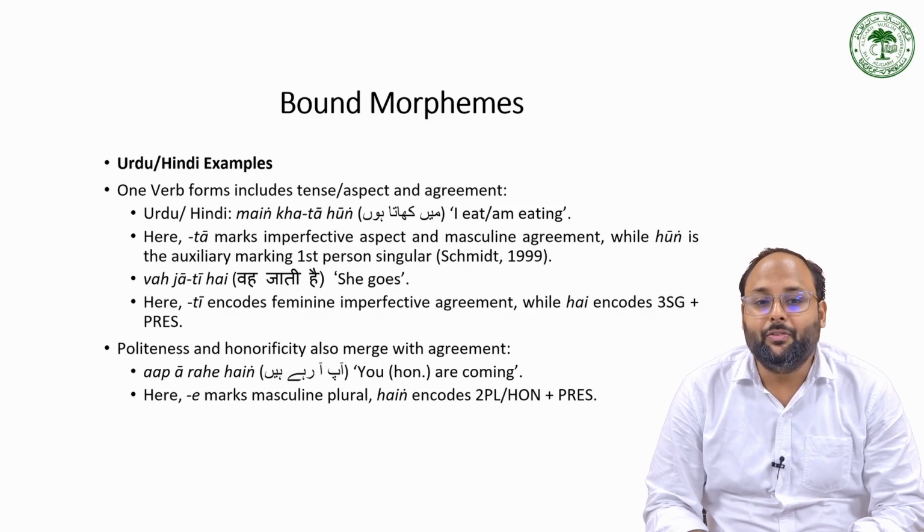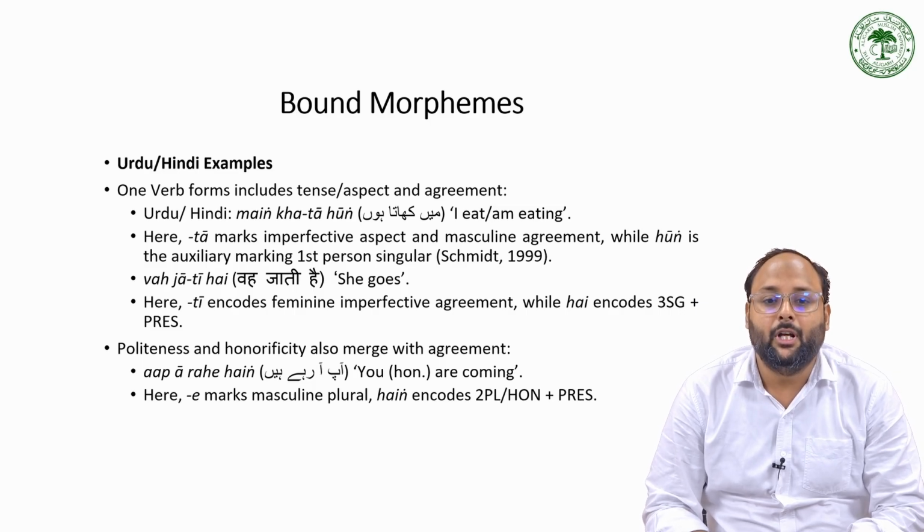So there are two features represented by the suffix "ti": one is the feminine feature and the other is the imperfective. While "hai" also includes two features, that is the third person singular and present tense. So we can say that the affix "ti" has two different grammatical features in Urdu, so it can be an example of a portmanteau morph.